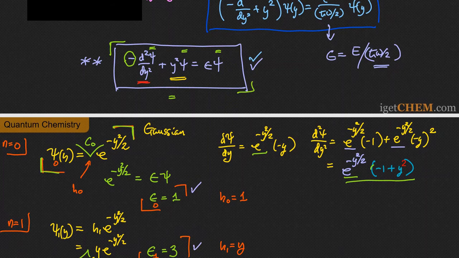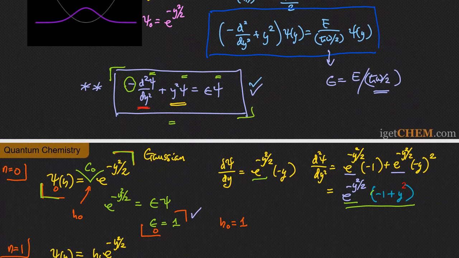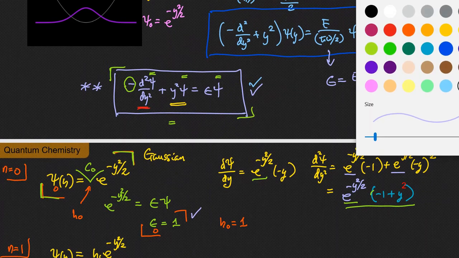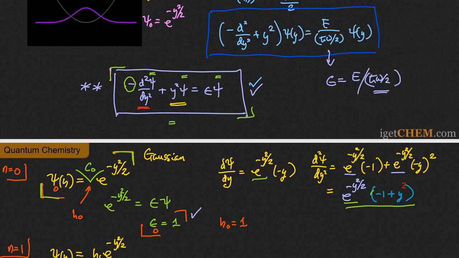So we go back to this Schrodinger equation, which we had rewritten using the scaling that we discovered earlier. So that's this equation, and the corresponding epsilons are the true eigenenergy in units of h bar omega over 2.